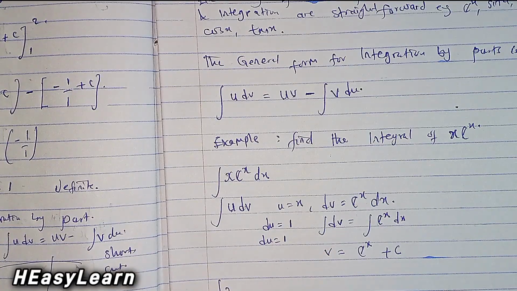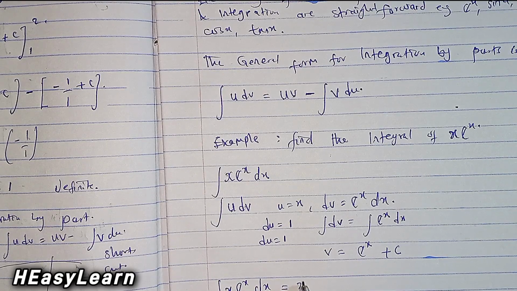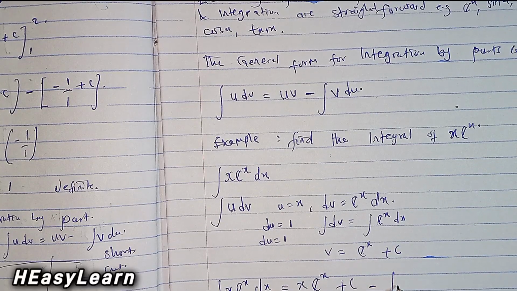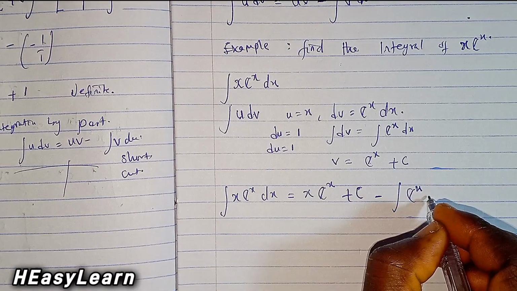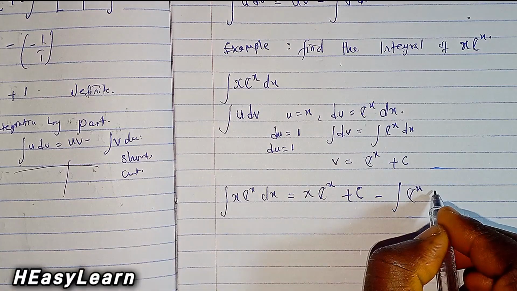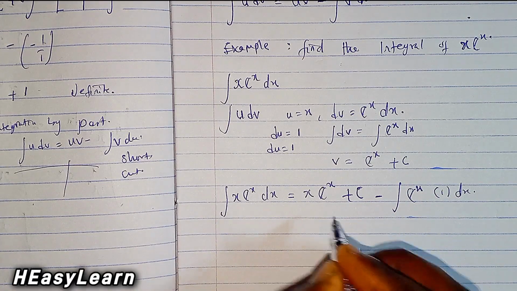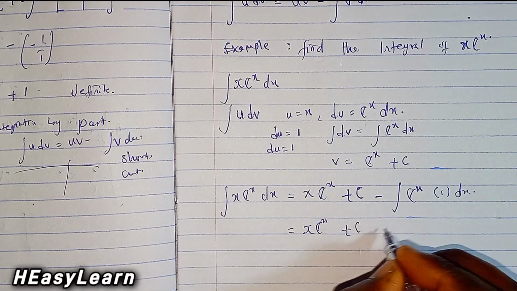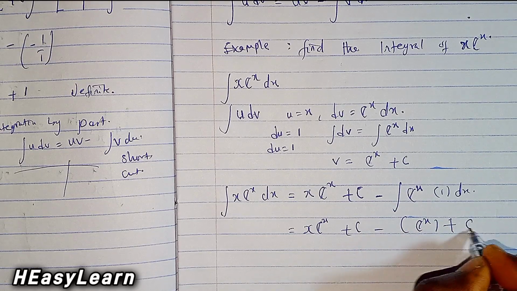So substitute: x exponential x dx is the same thing as u, which is x, times v, which is exponential x plus c, minus the integral of v, exponential x, multiplied by du, which is 1 dx. So this equals x exponential x plus c. The integral of exponential x is exponential x plus c.